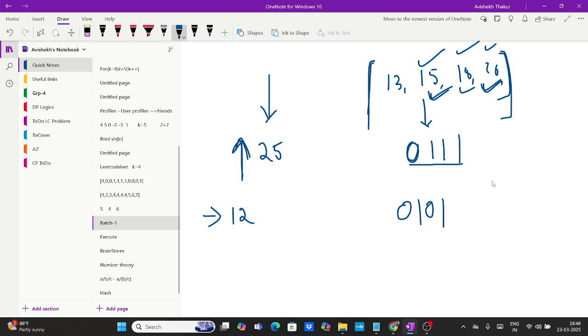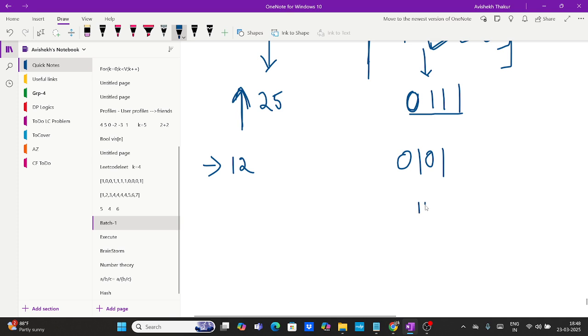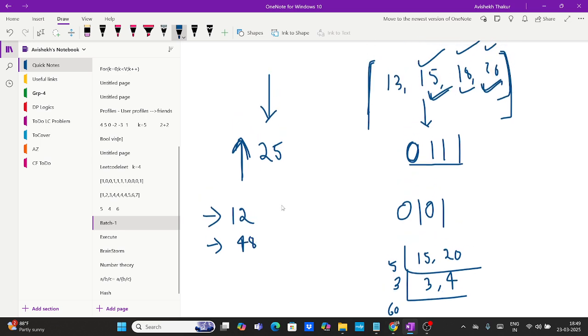The answer is 48. If the number is 12, then the LCM is 60, so 60 minus 12 is 48, and it will become 60, which is divisible by 15 and 20.